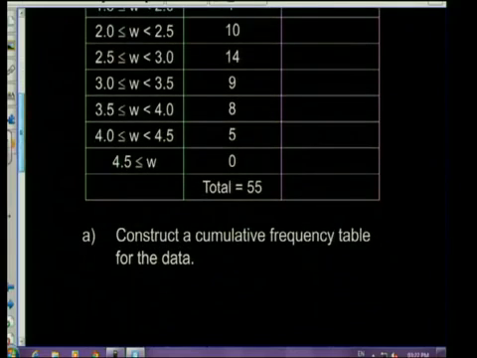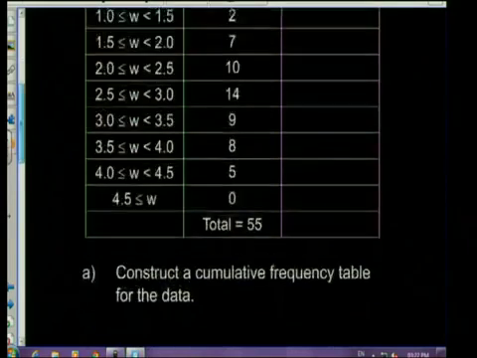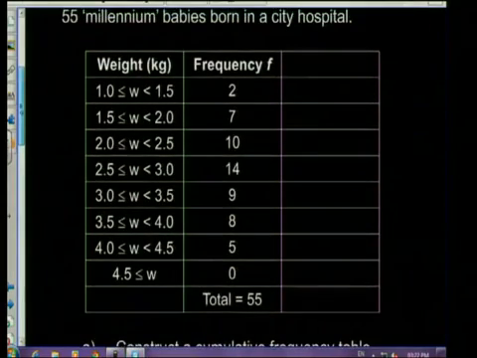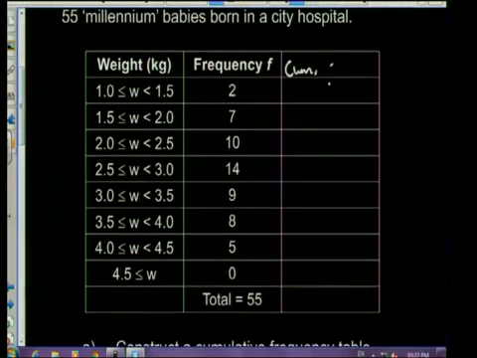So let's find our questions. The first question says to me, calculate a cumulative frequency table. So what I'm going to do is I'm just going to use the space over here. It's the cumulative frequency, and I'm going to generate some values. So the cumulative frequency is an accumulation of all the frequencies up to that particular point.